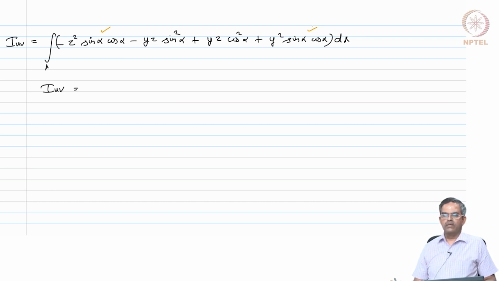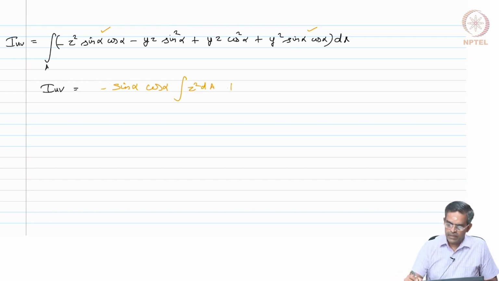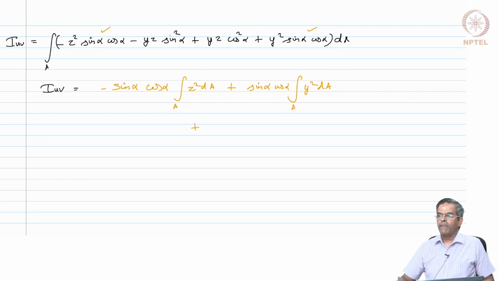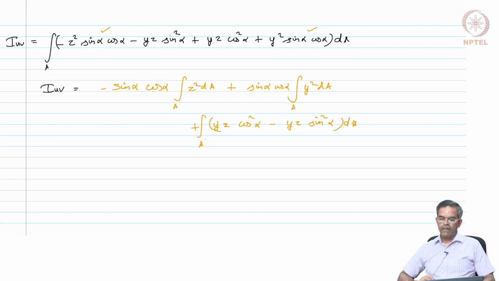So, what I will do is, I can write sin alpha cos alpha integral z square dA, with a minus sign, plus sin alpha cos alpha integral y square dA, plus the integral of yz cos square alpha minus yz sin square alpha dA for the whole area. Am I right? Okay.